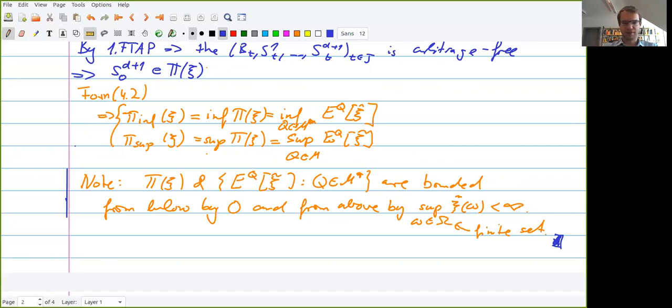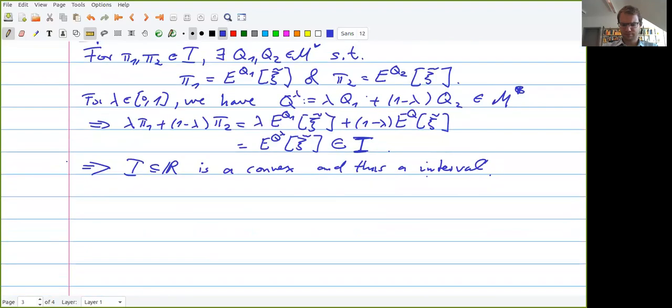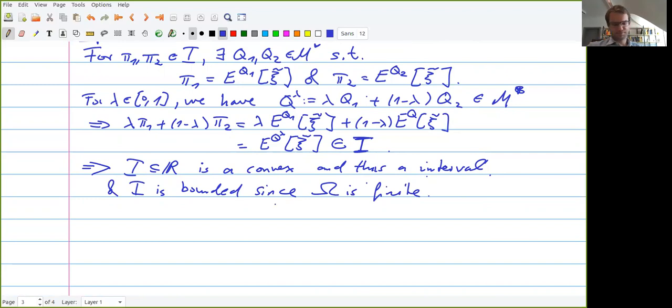So this is actually a bounded interval. As before, it is bounded since omega is finite.